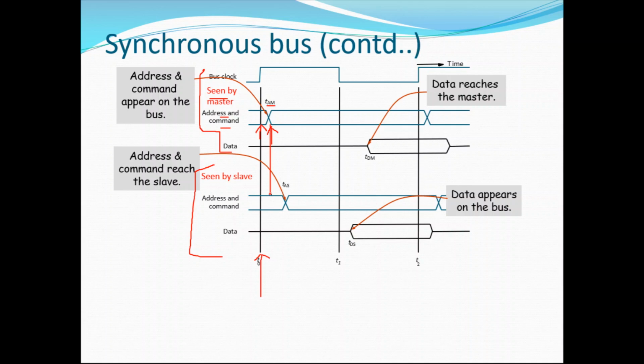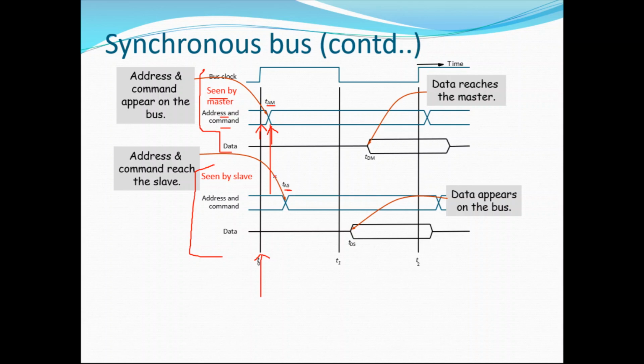Are you getting? Because slave is somewhat not close to the master, right? Master is the processor. Slave maybe away from the processor. It's IO device, right? And also we don't know what type of communication channel is there between the master and the slave. So the slave is able to see this only after the time TAS. So the slave is able to see the address and the control signal at this time. S represents slave. Okay, TAS time.